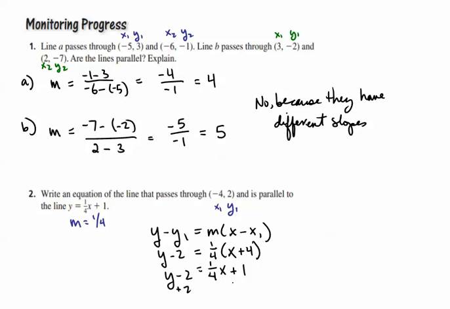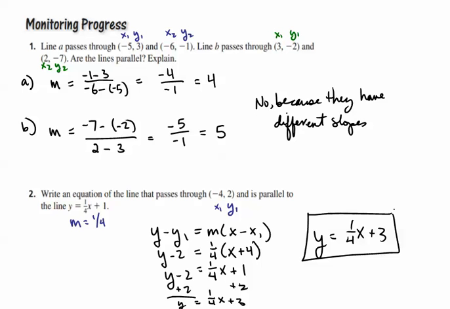We're going to add 2 to both sides, and we end up with y is equal to 1/4 x plus 3, and that is all that we need to do here. Now we have a new line that's parallel to the old line. We know it's parallel because it has the same slope, but different y-intercepts.